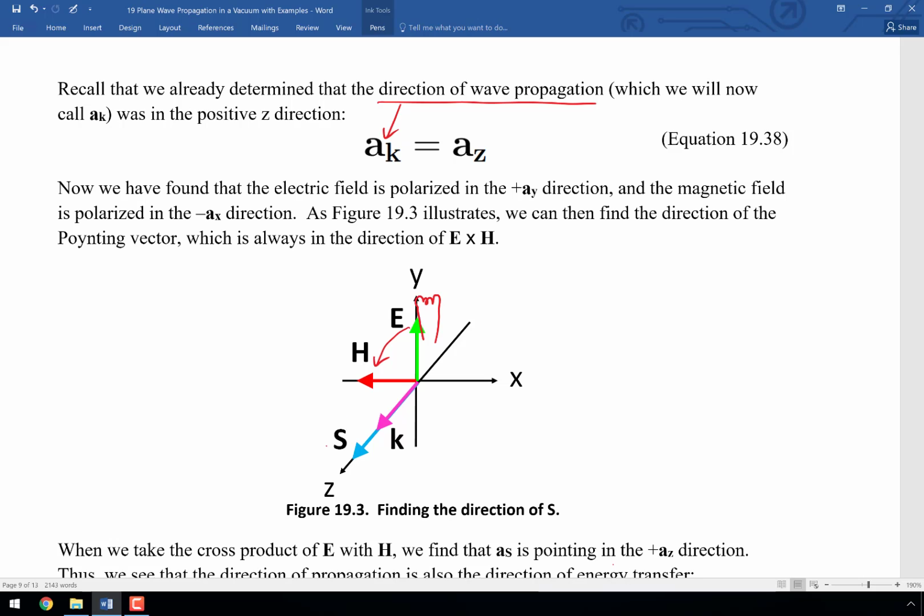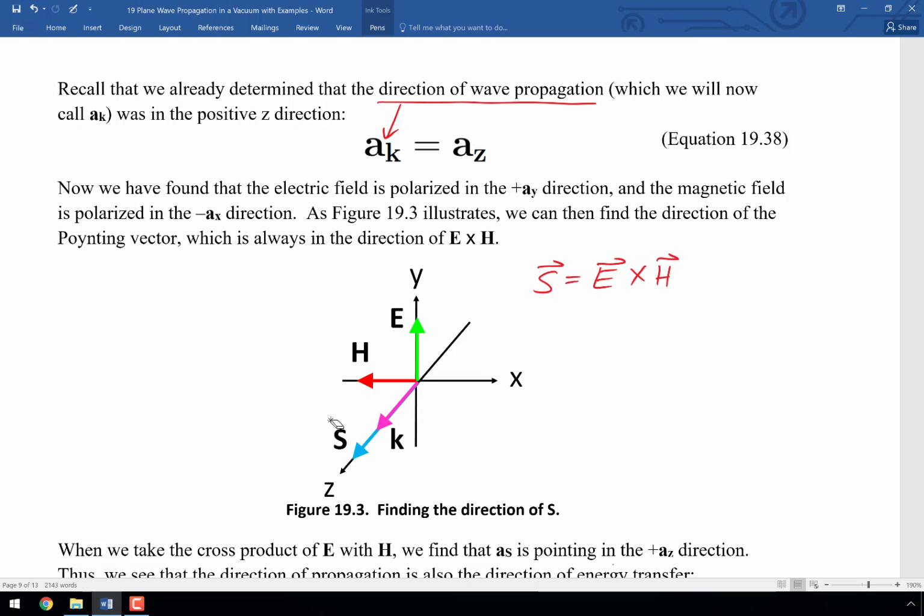That gives us S, because remember that S is equal to E cross H. The direction of S and the direction of k are both in the a sub z direction.